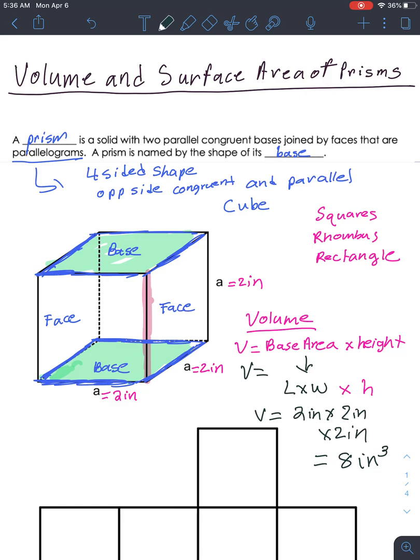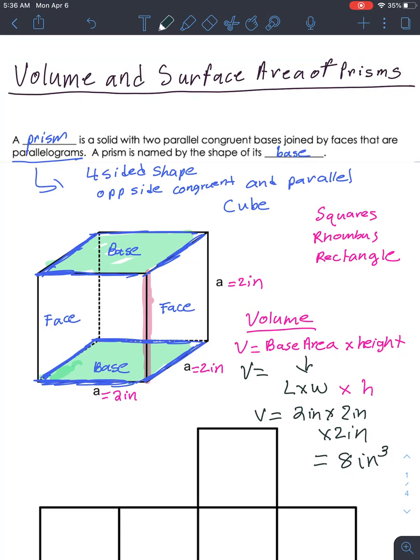And that's pretty much it for volume. This idea of getting your base area and multiplying by the height will work for prisms. Other shapes might be similar, but there'll be some other caveats about it, so we'll get more into those later. But for now, just keep in mind that you'll take your base area and just multiply it by the height.